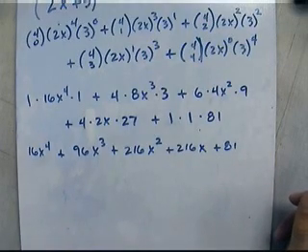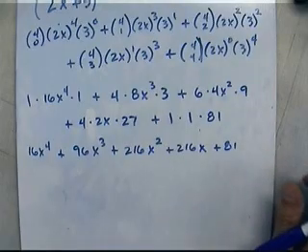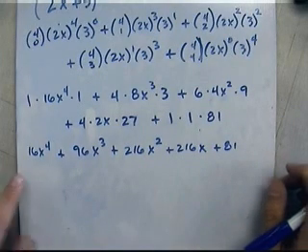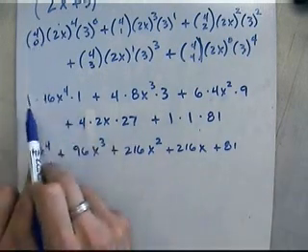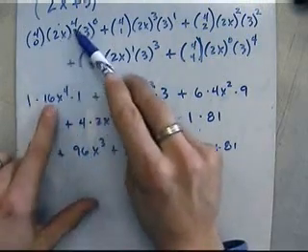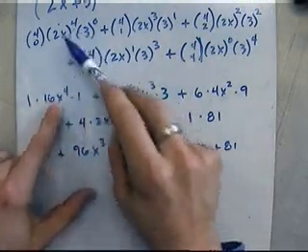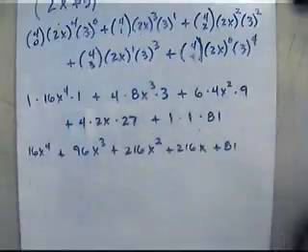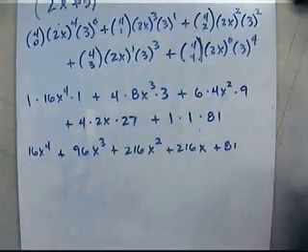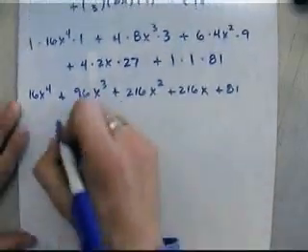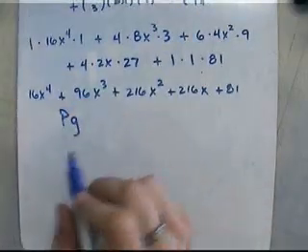How did you get 16x to the fourth? How did I get 16x to the fourth? Because 4 choose 0 is 1, right? 2x to the fourth, 2 to the fourth is 16, and then x to the fourth, and then 1 to that guy. Oh, got it. All right, so that's the beginnings of the binomial expansion. Okay. Good. All right, cool. So we are on homework.